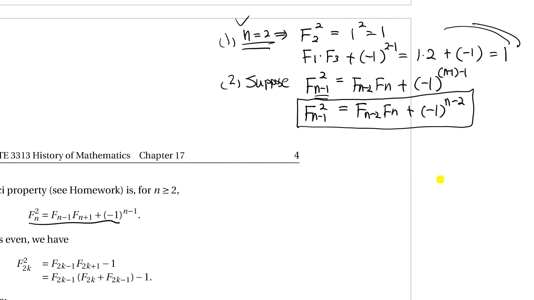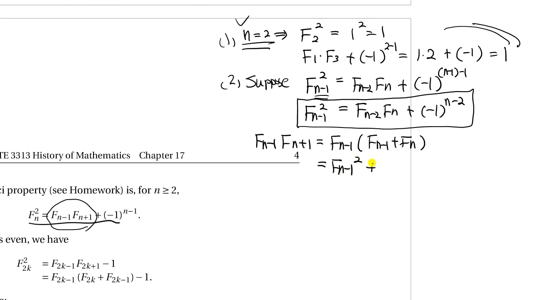Then let's try to calculate Fn minus 1 times Fn plus 1. By the Fibonacci formula, Fn plus 1 is the sum of the two previous consecutive terms, Fn minus 1 and Fn. Then by the distribution law, we multiply this out.